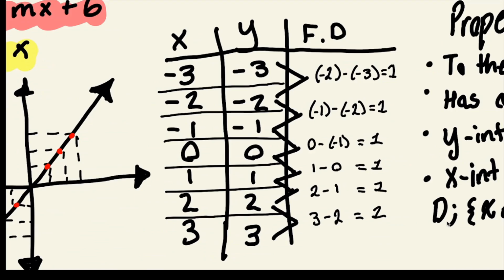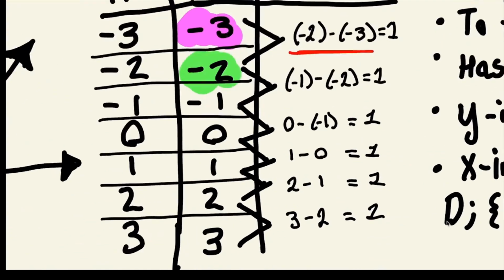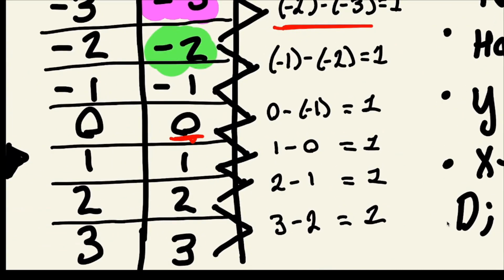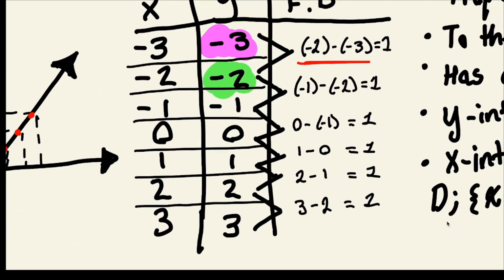So -2 minus -3, I did right here. -2 minus -3 gives me 1 right there. And same thing I do with 0 and -1. 0 minus -1 gives me 1 again. So basically, if the first differences are all the same, that means it's a linear.